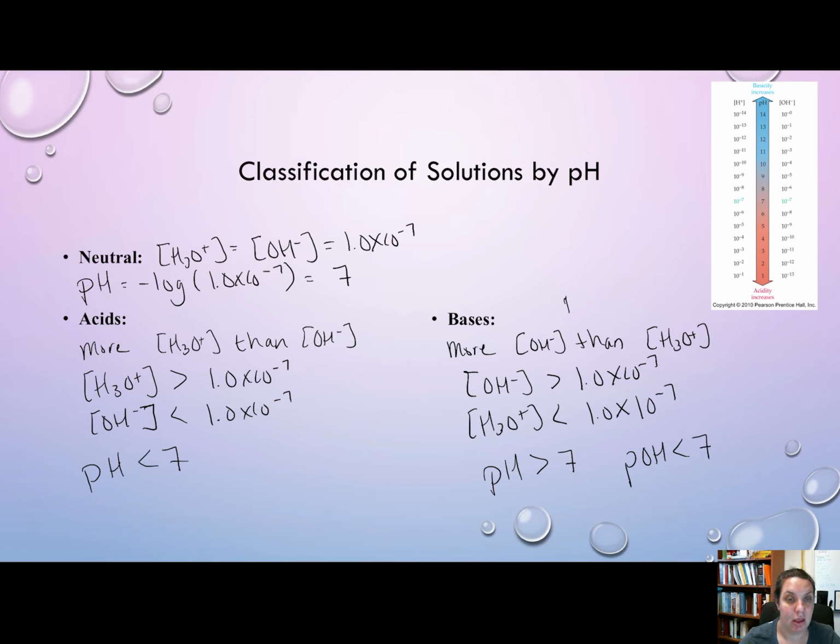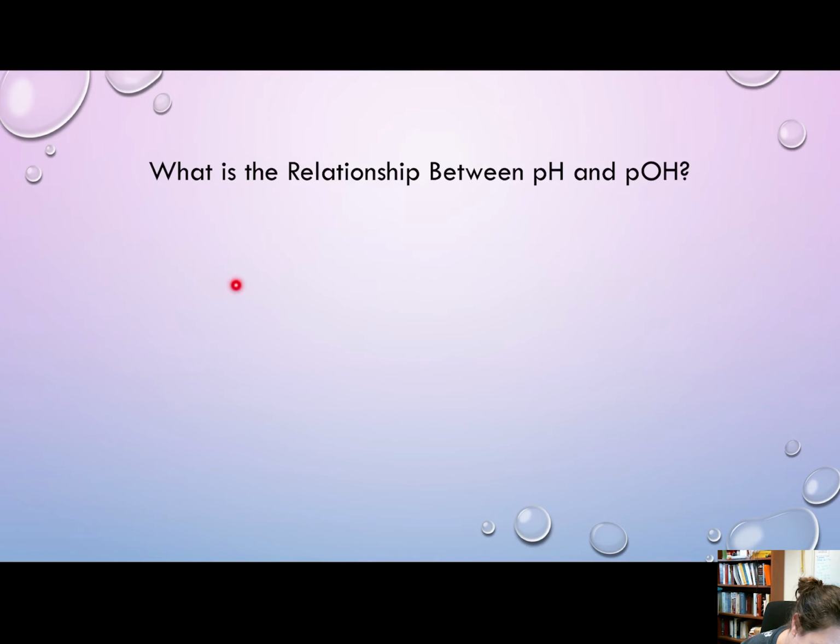Okay. We can relate pH and pOH to each other if we remember Kw is equal to our hydroxide concentration times our hydronium concentration. So those two are equal to 1.0 times 10 to the negative 14.